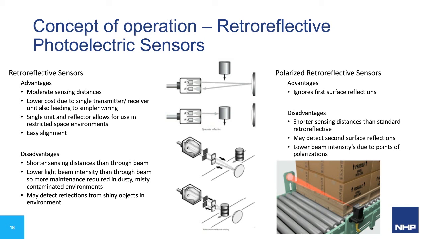The disadvantages, however, are that they have a shorter sensing distance than the standard retroreflective sensors, and they can detect second, third, and so on surface reflections. The other thing is they also have even lower beam intensity due to the points of polarization, so they're more susceptible to contaminants within the environment.